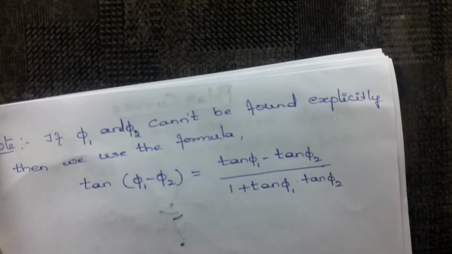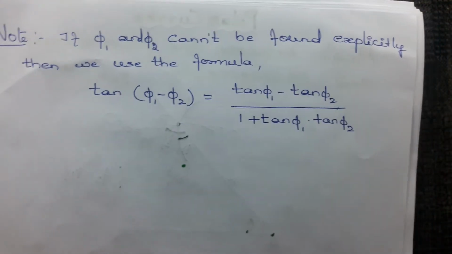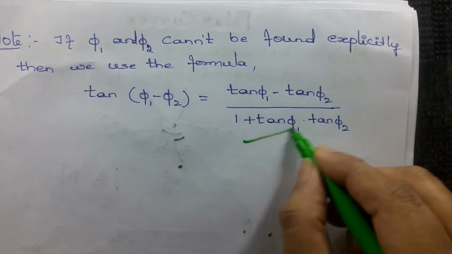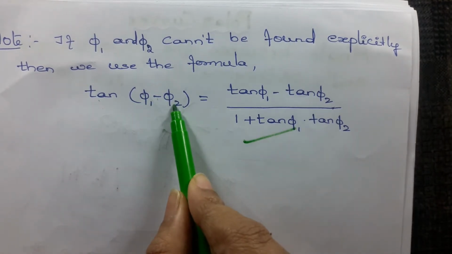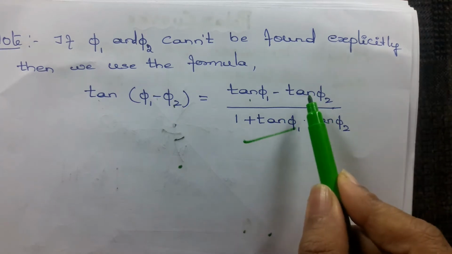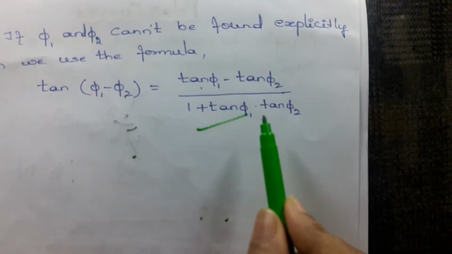Now, if it is not possible to find phi 1 and phi 2 explicitly, then in such a case we will use the formula tan of (phi 1 minus phi 2) equals (tan phi 1 minus tan phi 2) divided by (1 plus tan phi 1 tan phi 2).